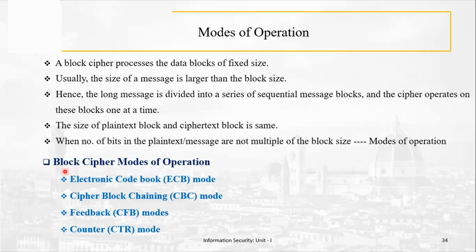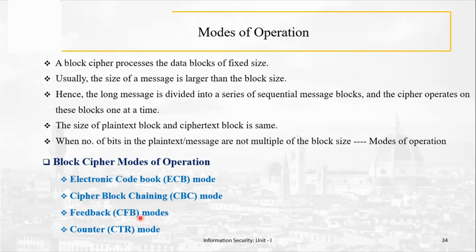The name itself suggests that you are taking a bunch of bits at a time and then encrypting those bits. So what is the first mode? Electronic code book, ECB mode, then cipher block chaining mode, feedback mode, counter mode. What are these modes?